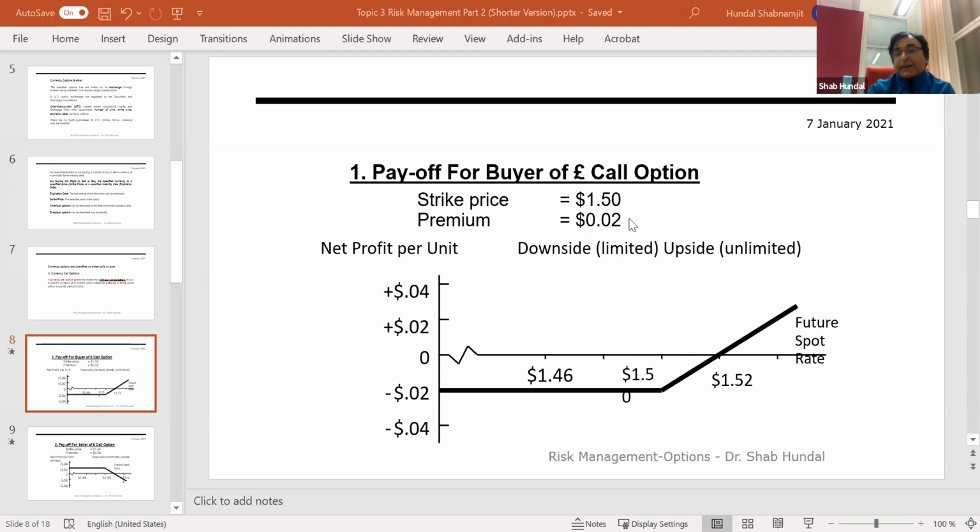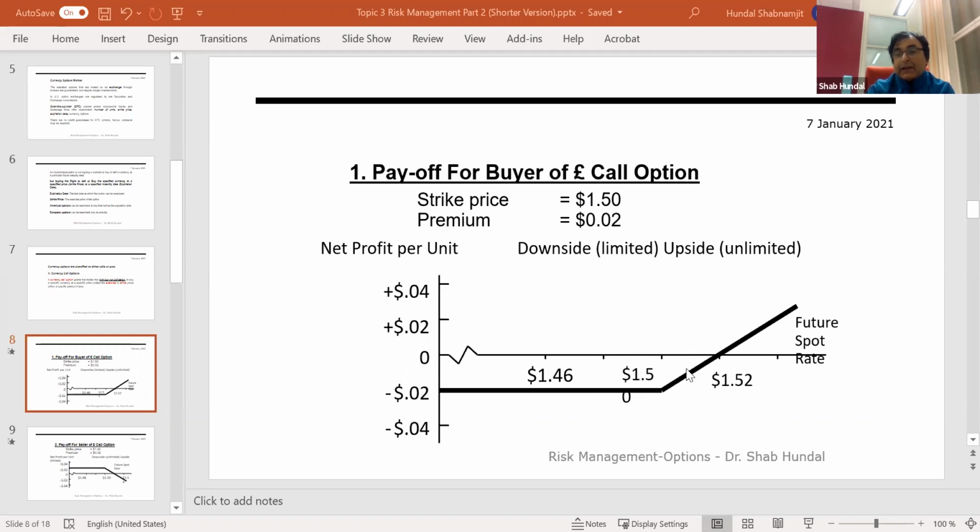By exercising, you are paying altogether 1.52, but by not exercising, you are paying 1.53. So you compare it, you are saving 1 cent from your total loss. Your total loss would have been 2 cents, but now you're saving 1 cent.